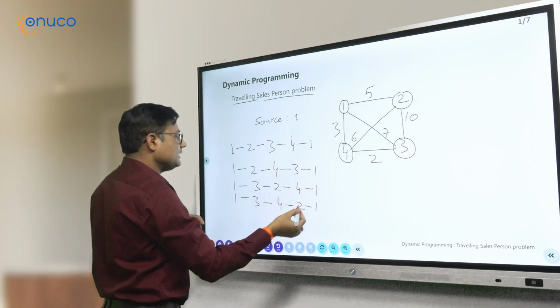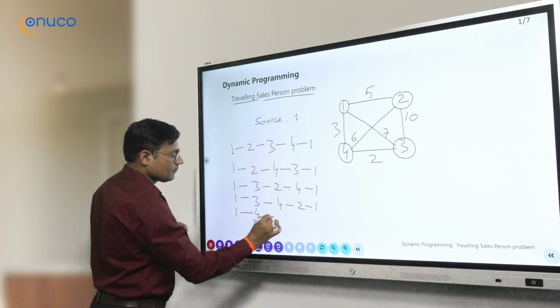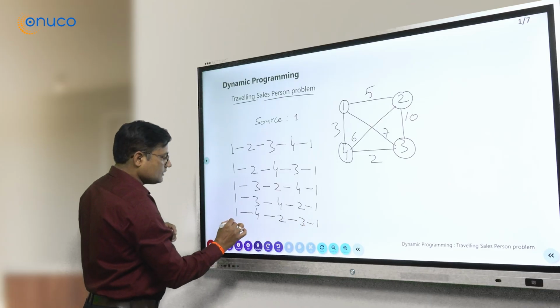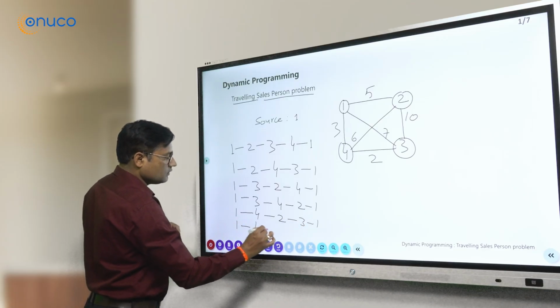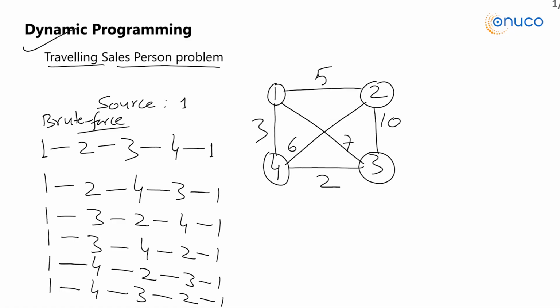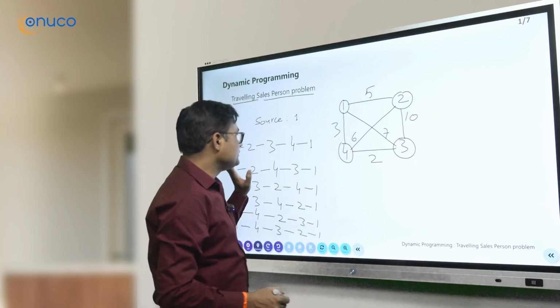Now the next combination is, from 1 we can go to the fourth vertex, 4 to 2, 2 to 3 and 3 to 1. And the last will be 1 to 4, 4 to 3, 3 to 2 and 2 to 1. You will see that these are all 6 different combinations we get from source 1 by visiting all the intermediate vertices and coming back to the same city by applying the brute force technique.